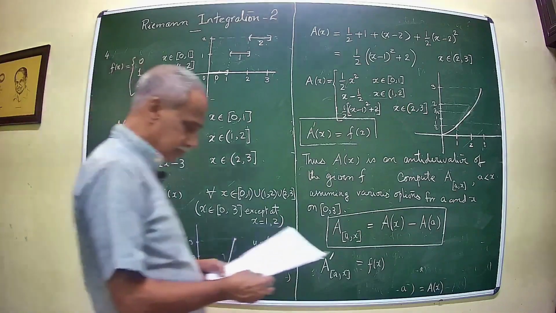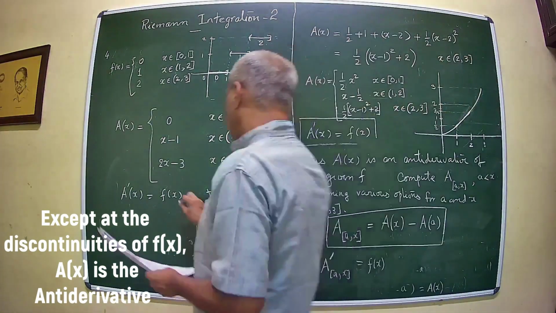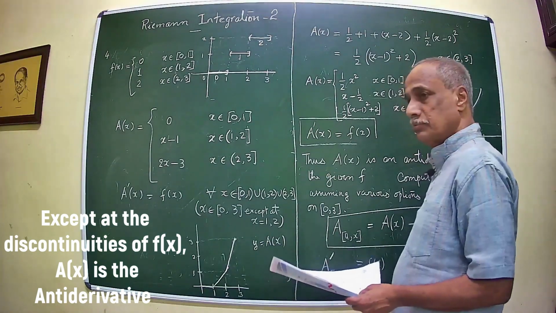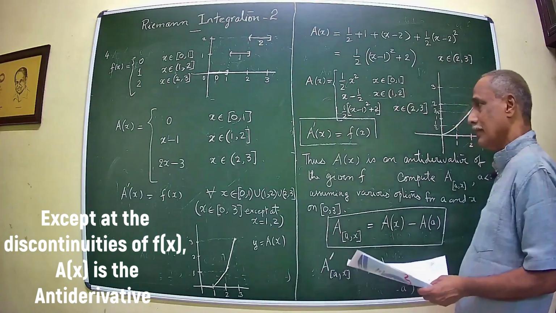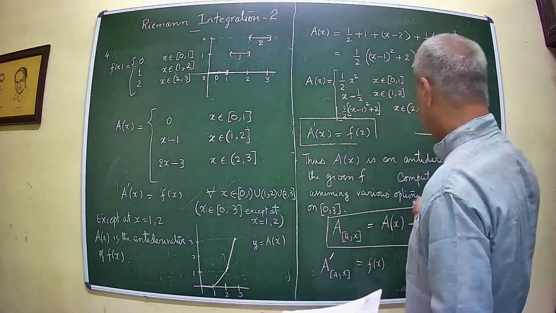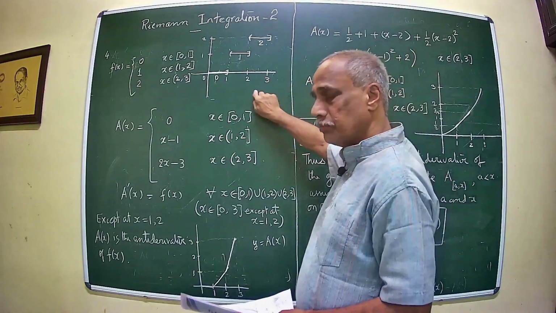So except at the discontinuity of f, we have A as the antiderivative. These two examples are important, especially the one that we are looking at.